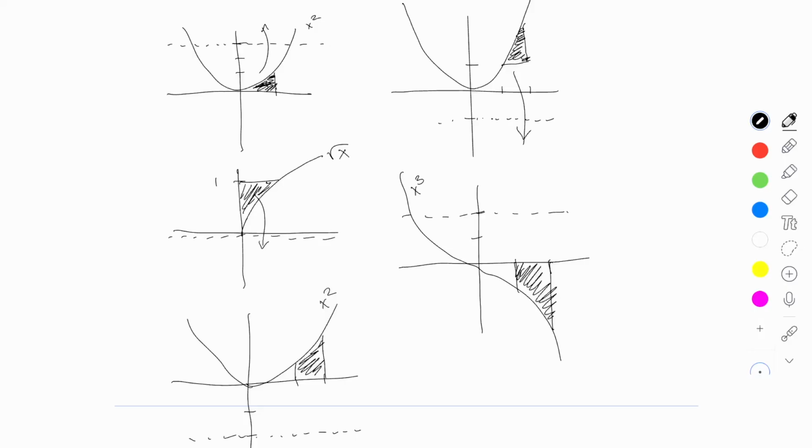Oh yeah, it's negative. Sorry, this one somebody reprimanded me. This graph is negative x cubed, not x cubed. Although that doesn't really affect the answer, but sorry about that.